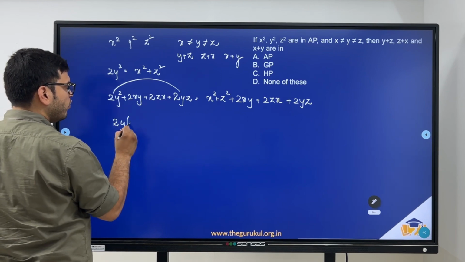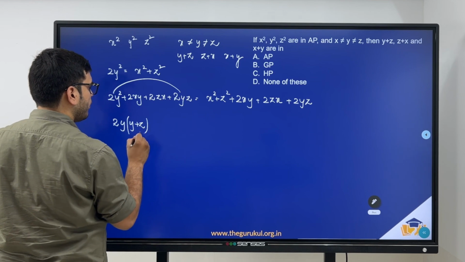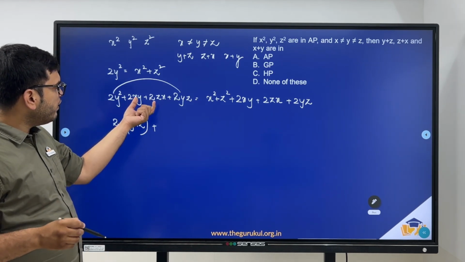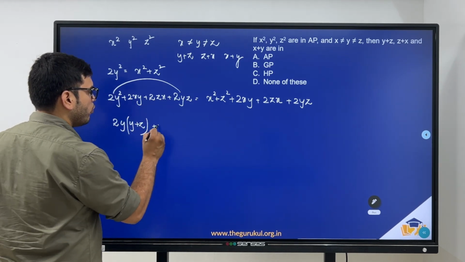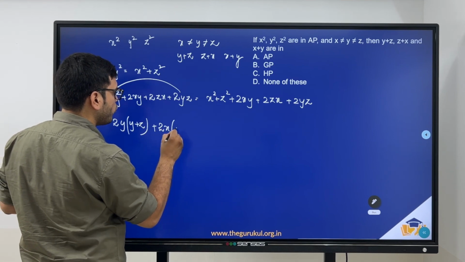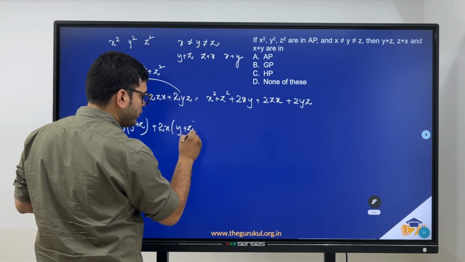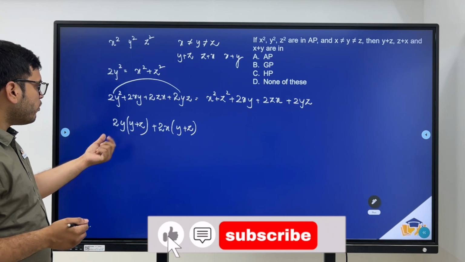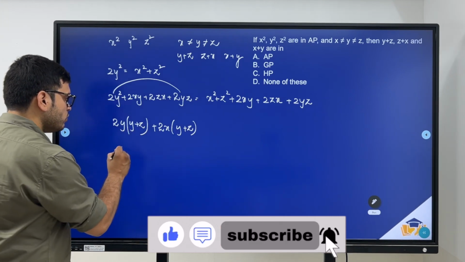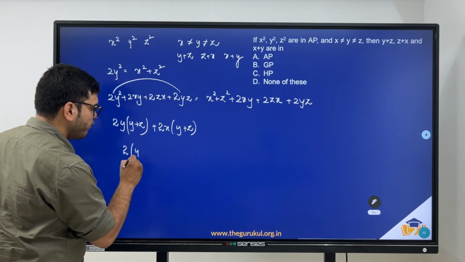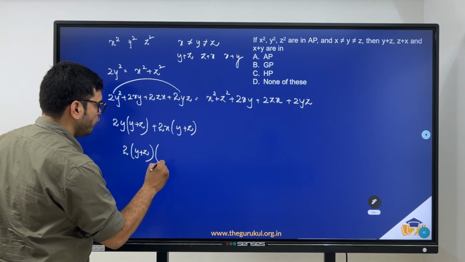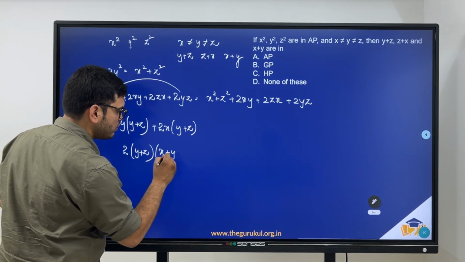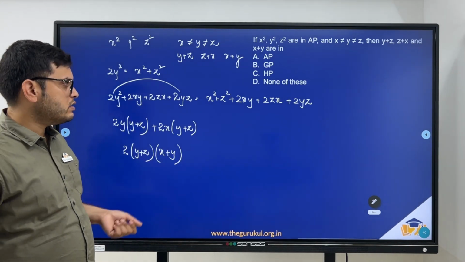Then what do we have? y plus z. Plus, between these two, let me take 2x common. If I take 2x common, you have y plus z. Now let me take 2 into (y plus z) common. So if I take 2 into (y plus z) common, you will be left with x plus y on the left hand side part.